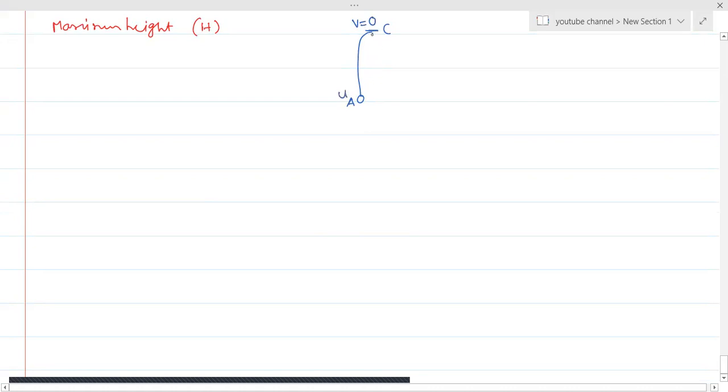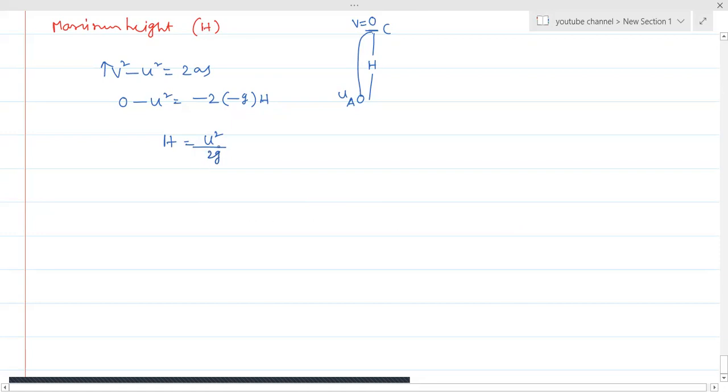So let us take the maximum height as h. Simply we will apply v square minus u square equals 2as. So 0 minus u square equals 2 into, as the body is moving upwards, we take a equals minus g, and this is h, and h equals u square by 2g.